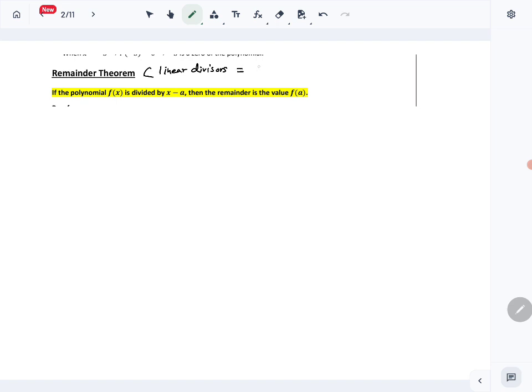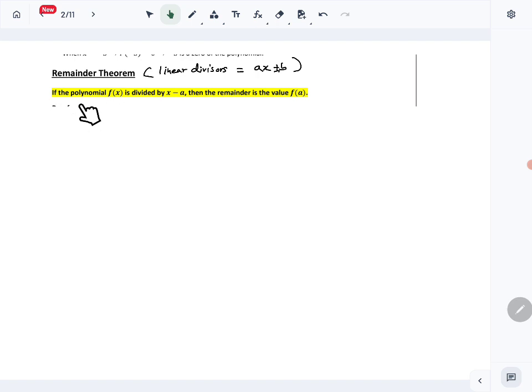Linear divisors have this form, ax plus b or minus b, it doesn't matter. It can be plus or minus, it doesn't matter, right? So this theorem only works for this type of divisors, right? But for the proof, we will use the easier case, x minus a.